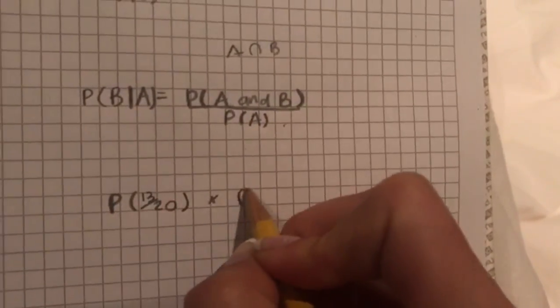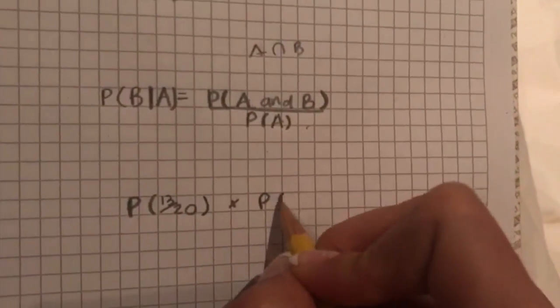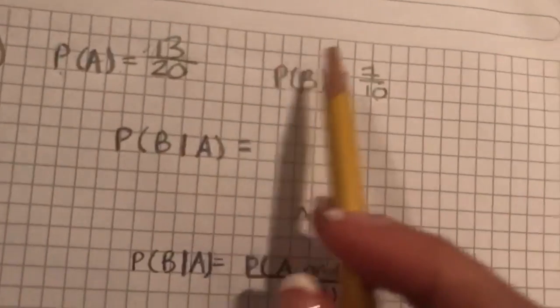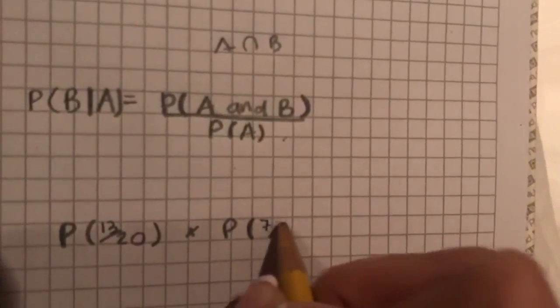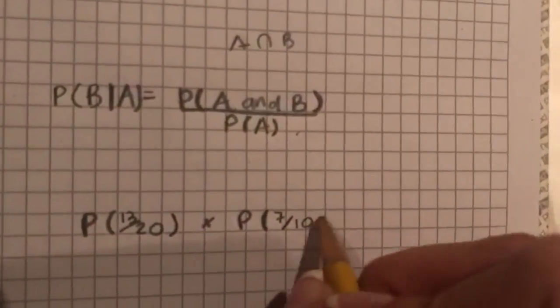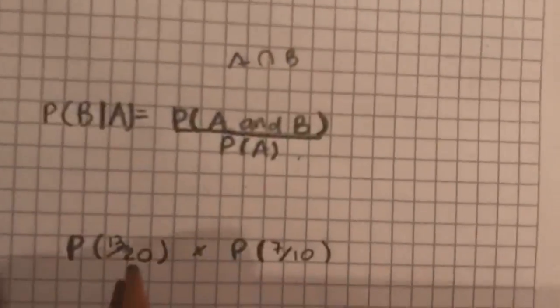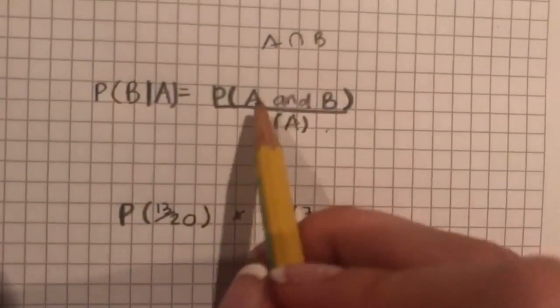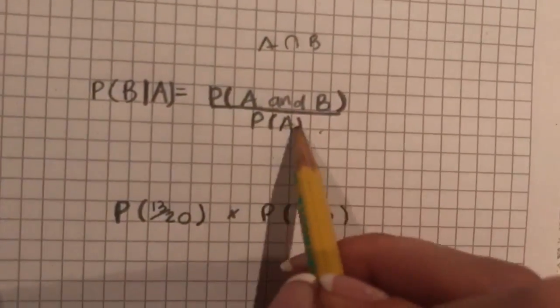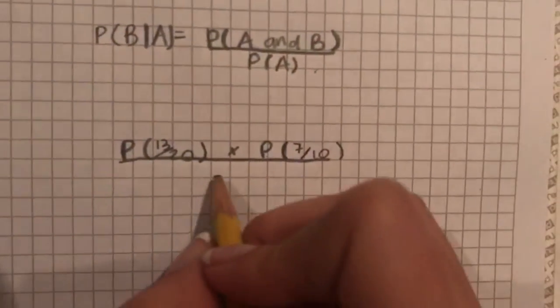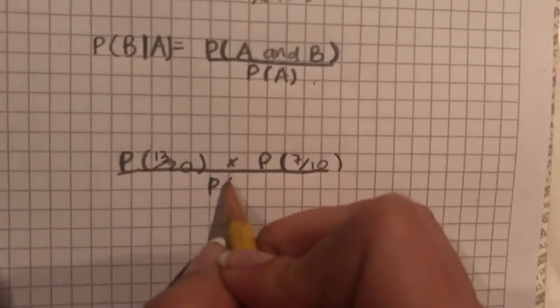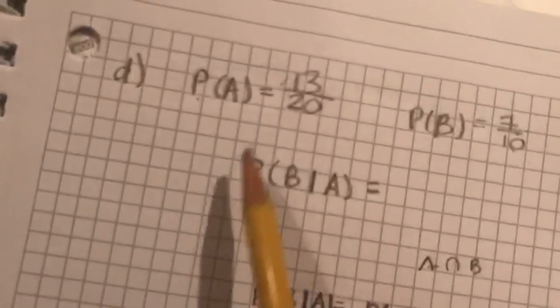So probability of A times the probability of B, which is 7 over 10. And then the formula says over probability of A. So we draw this, and then you do probability of A, which again is here, 13.